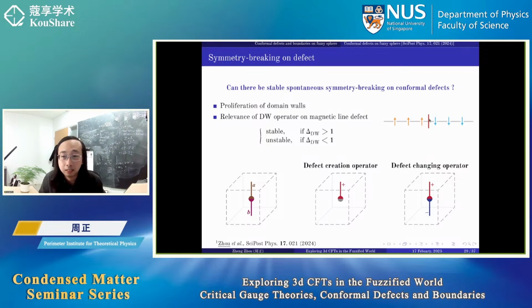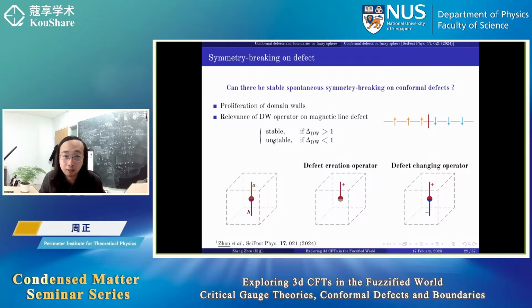But what if it is coupled to a bulk? This comes down to the problem of proliferation of the domain walls and the relevance of the domain wall operator. If the domain wall operator is relevant, meaning it has scaling dimension less than 1, then the domain walls can proliferate and the symmetry breaking is unstable.